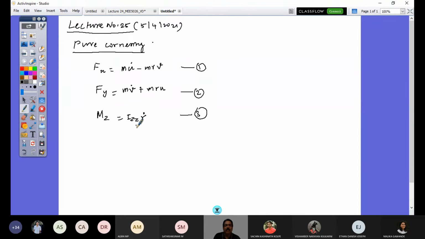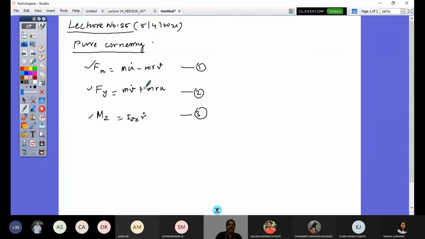So I am not worried about Mx and My. Those moments will come in our vehicle when you consider the suspension also, and it is going to be a transient effect. In steady state, you would see that this equation is sufficient. So these are all important, sensible assumptions because of which we have these three governing equations here.